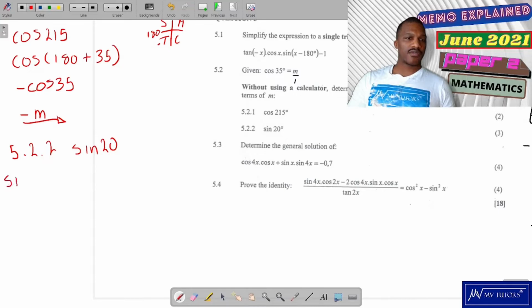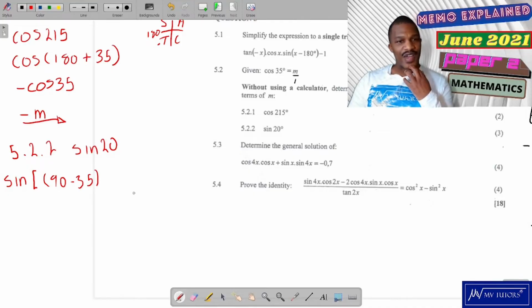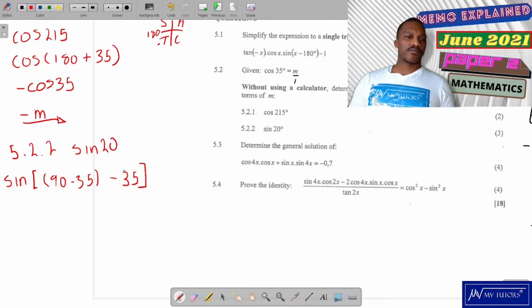So we're going to have sine, I'll open these brackets, and then I'll have 90 minus 35. 90 minus 35 gives me 55, and then that minus 35 gives me 20. Okay, so I'm going to keep it like this.